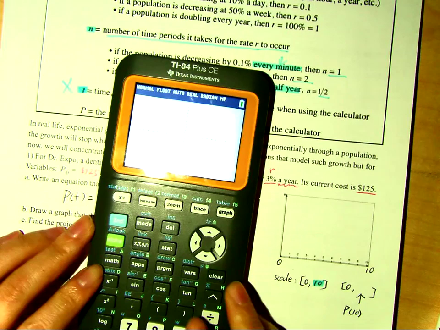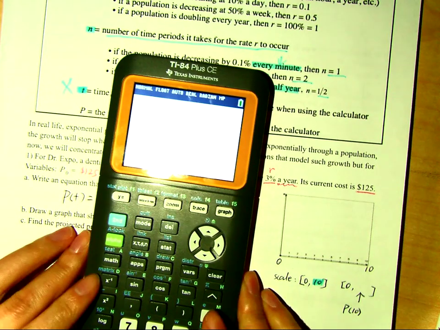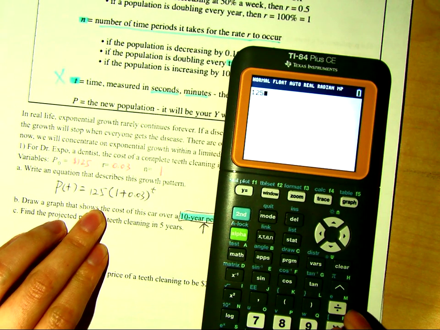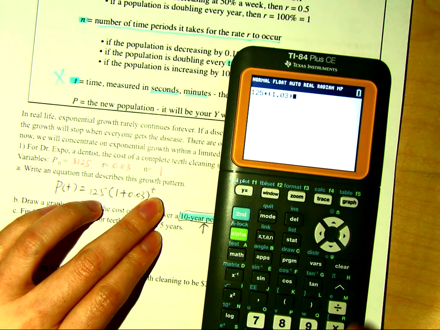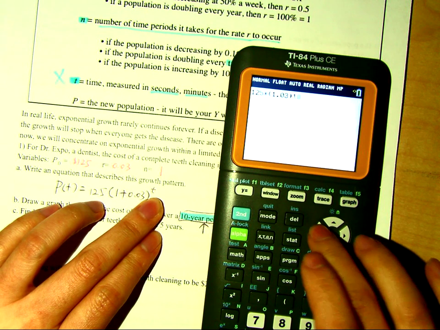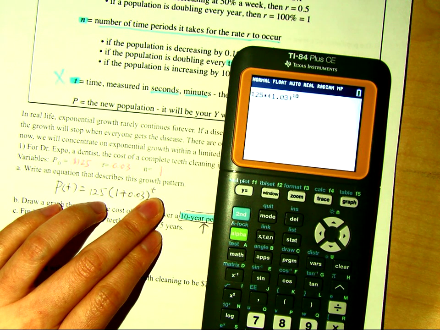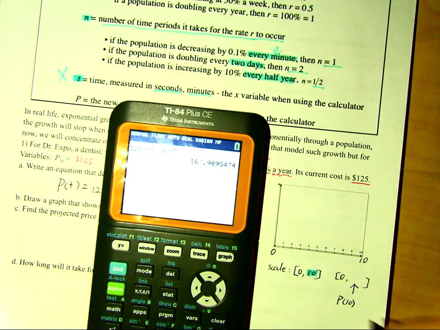So let's do this one. 125 times 1.03 power, T is 10, oh no, power 10. So that will be the number you're using for your Y maximum.